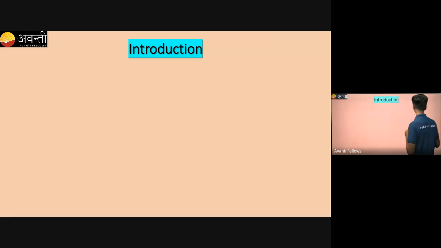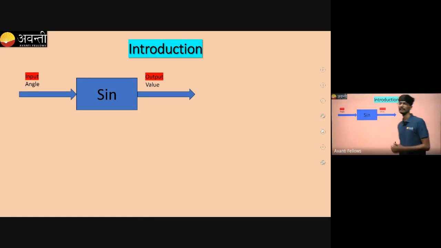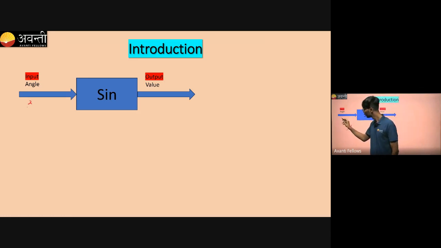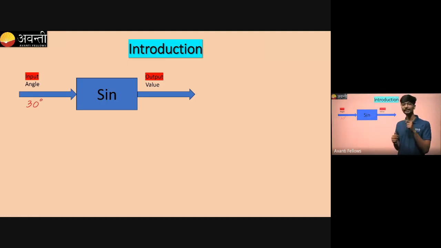So let's see next. This is what I was talking about. This is a function, a machine which takes input and gives us output. For normal trigonometric functions, it is easy to note that the input is an angle. Suppose I input 30 degrees.